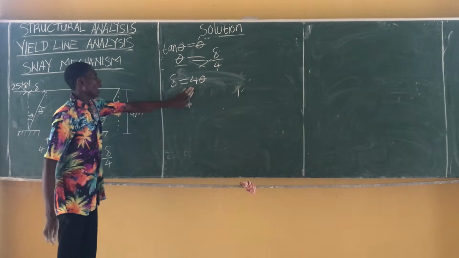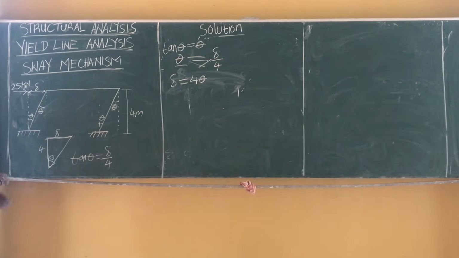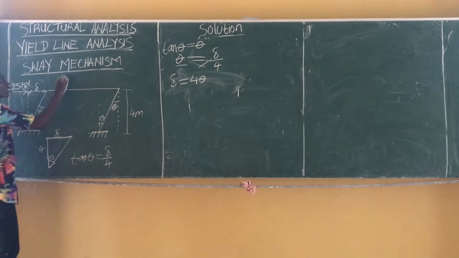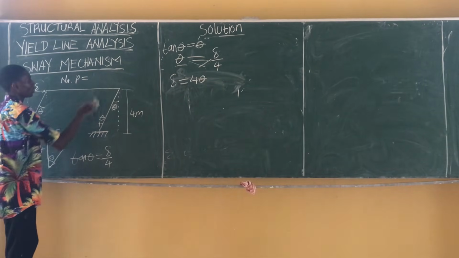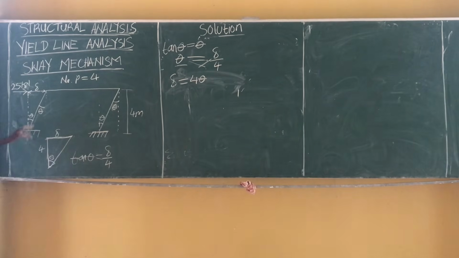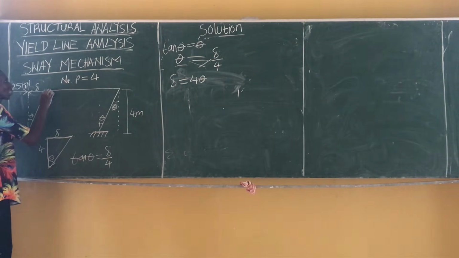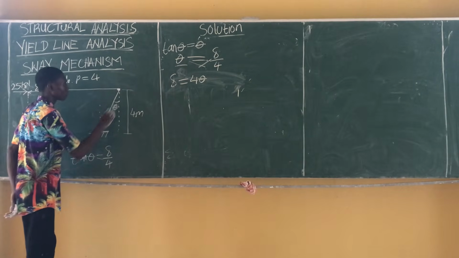4 theta. Now, before we go on to the external work done, we remember that the maximum number of plastic hinges for this structure is 4. So on this structure, we are going to have a plastic hinge at this point, at this point, at this point, and at this point.